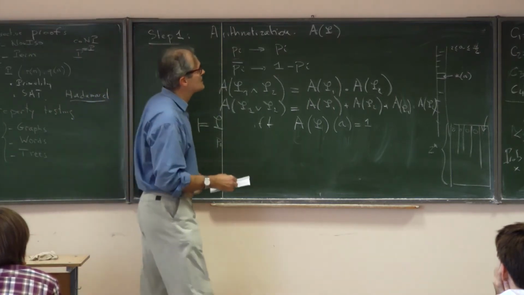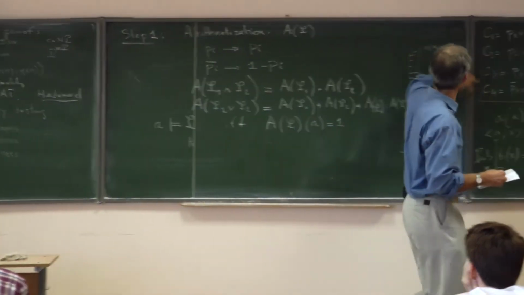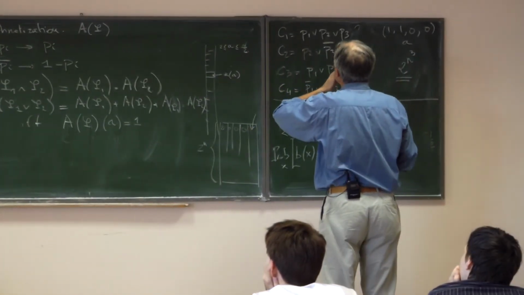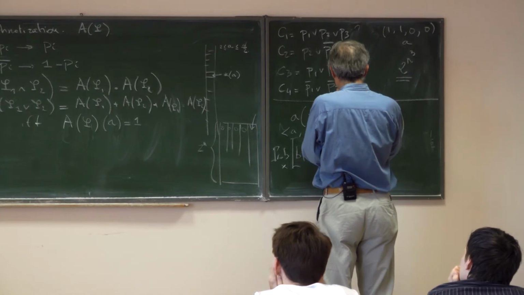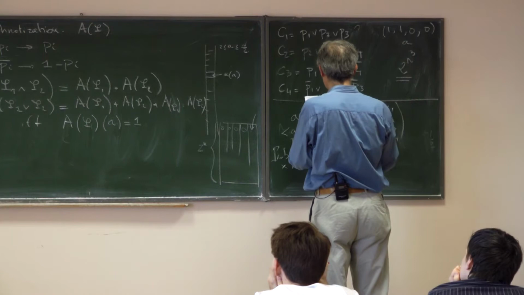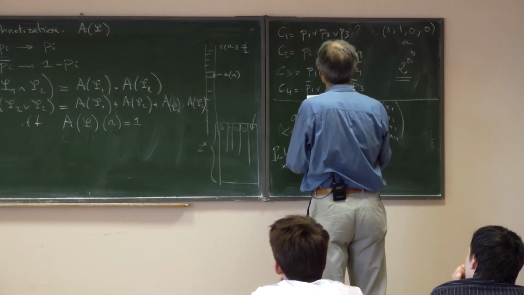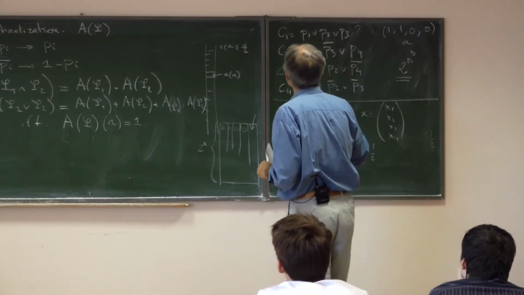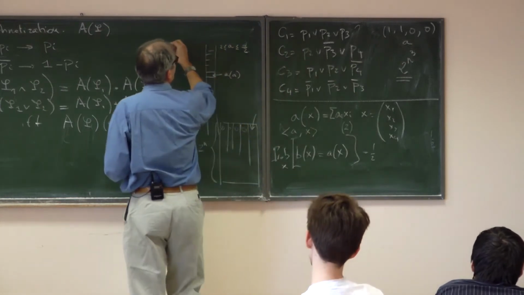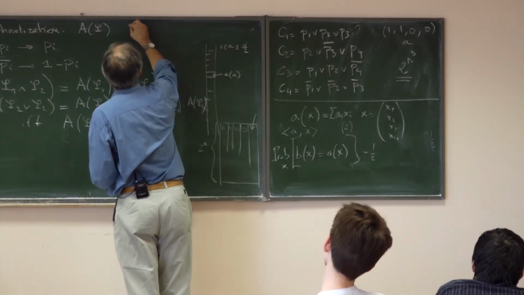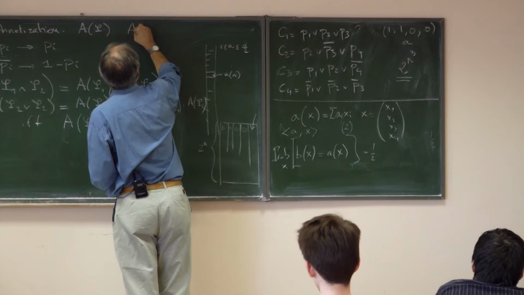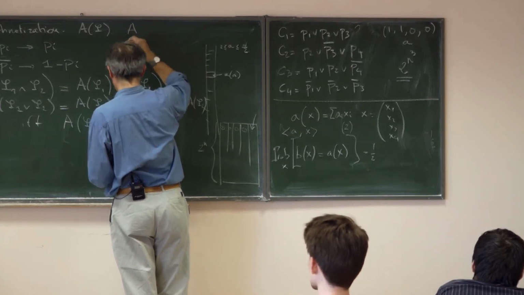And now let's suppose we have this instance. Once I have this instance, I'm going to do a small transformation. I'm going to build a vector.